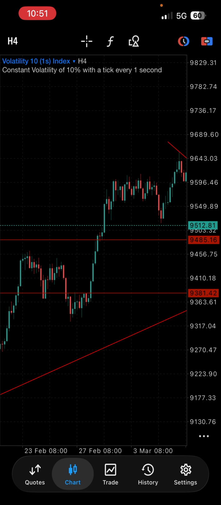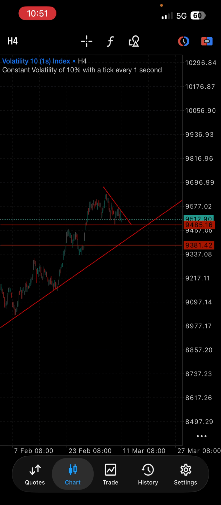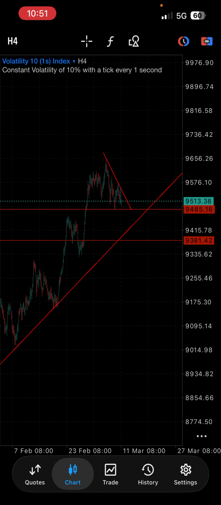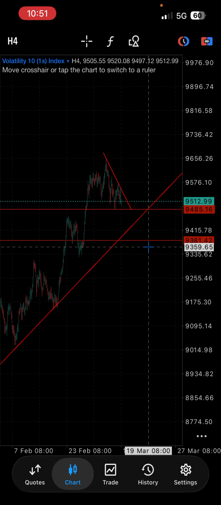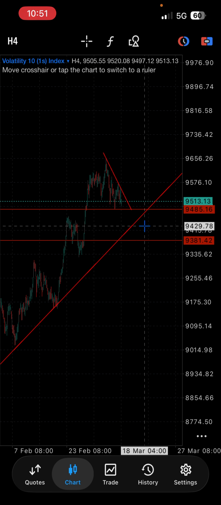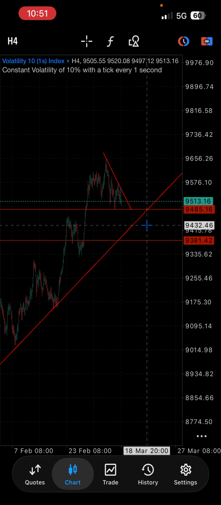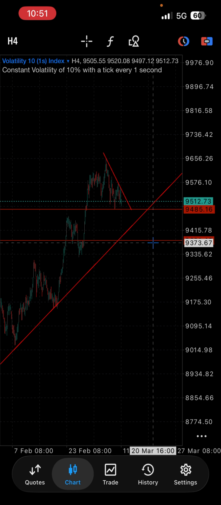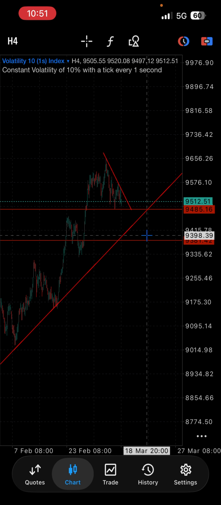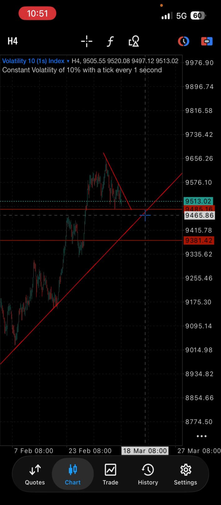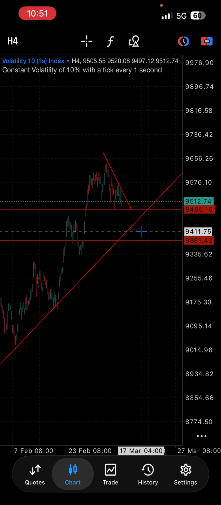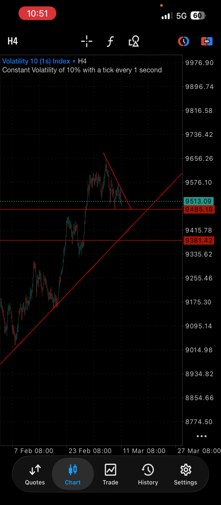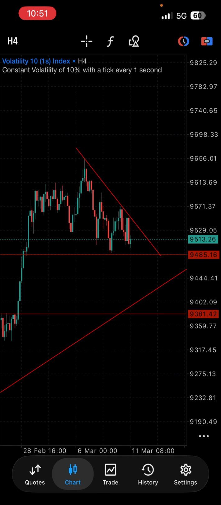What I'm going to be doing is waiting for this market to pull back to maybe 50% of the fair value gap that I've drawn already, or maybe 100% down here, then give me change of character with 5 minutes candlestick, then I will look for buy opportunity. So this is how you trade as a smart money trader.